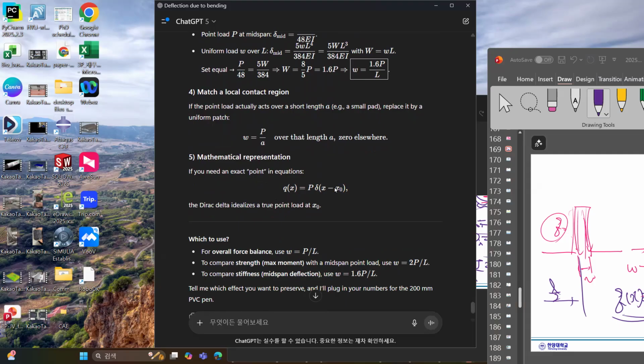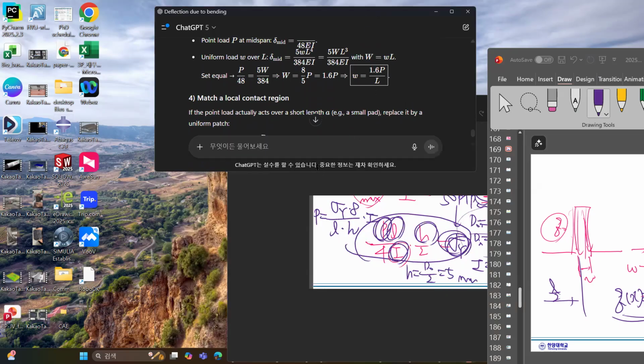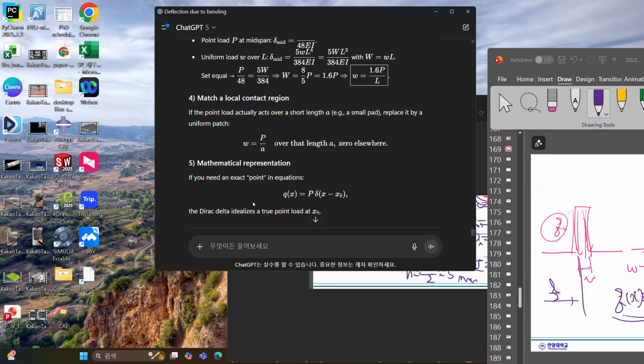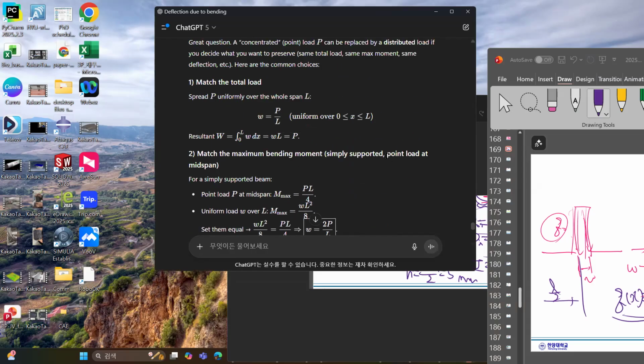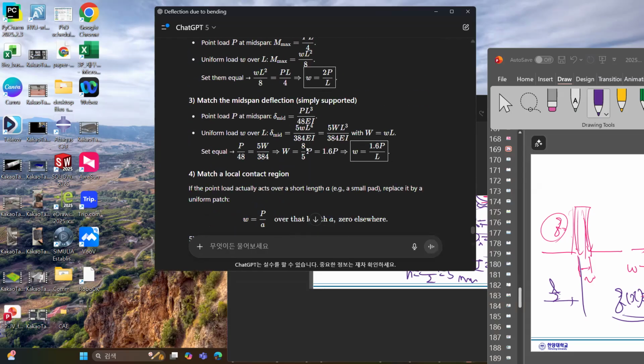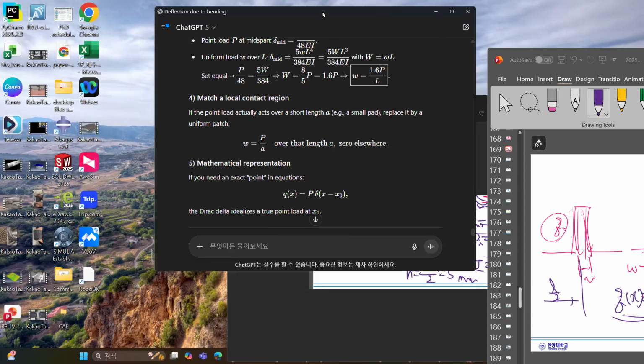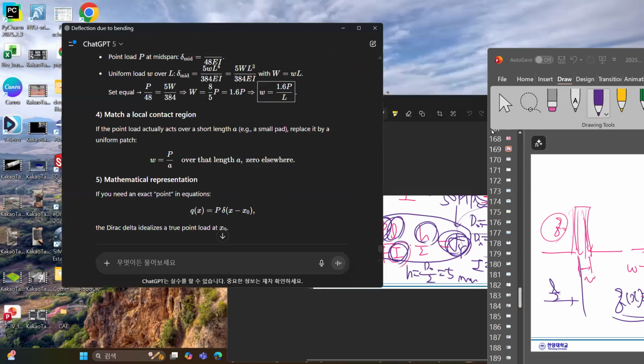Okay, this is a better expression. 이게 바로 direct delta idealized true point load at X0예요. 오케이? 델타 펑션. 아, 지금 자꾸 수학적으로 얘기하고 싶진 않은데 어쨌든 일단은 문제를 풀기 위해서는 델타 펑션 뭐 수학적인 익스프레션을 우리가 활용을 해야 되겠다라는 얘기입니다. 그 이전에는 뭐 어쩌고저쩌고 이렇게 푸는 과정이 있는데 그거는 우리가 더 잘 풀 수가 있어요. 이것이 지금 중요한 겁니다.